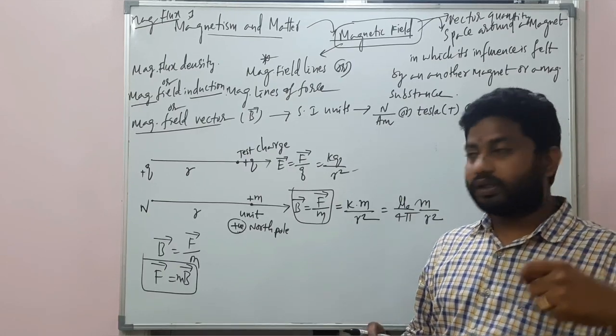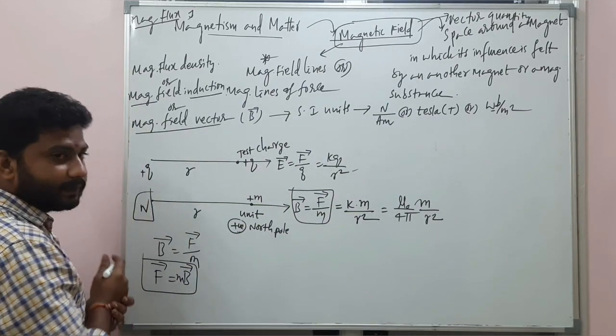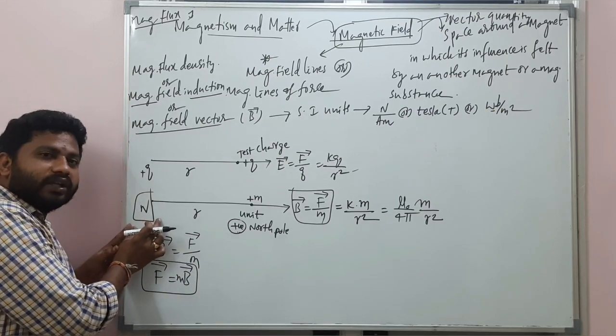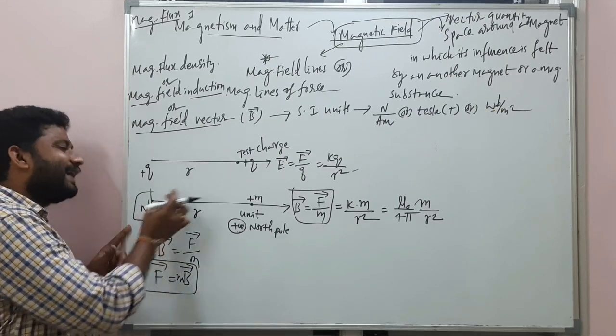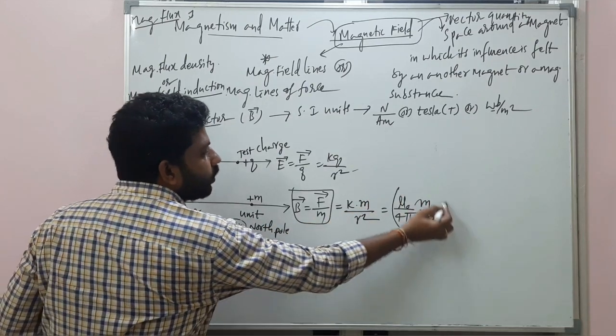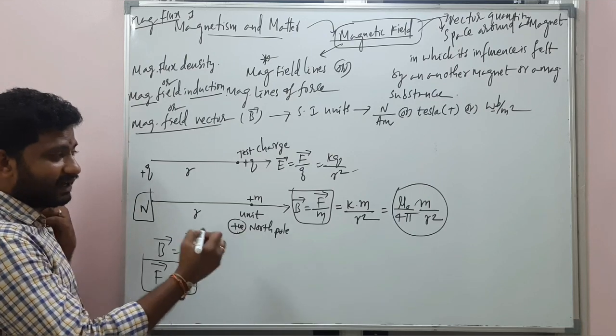An isolated magnetic pole. Here, this is just a north pole of a magnet. Due to this isolated magnetic pole, at any point at a distance r, the magnetic field will be mu naught by 4 pi into m by r square.